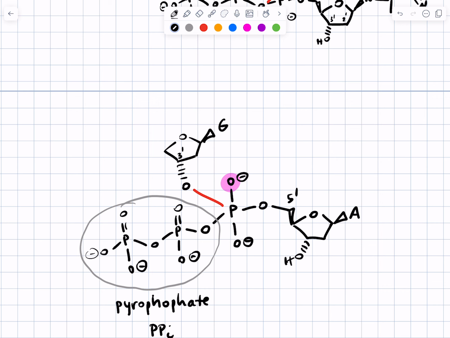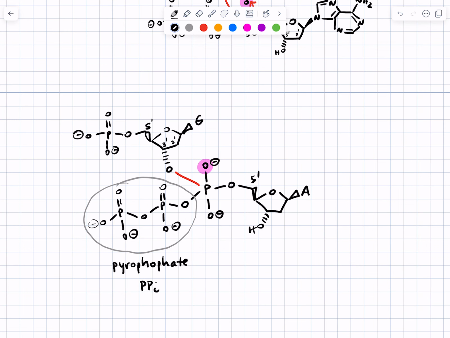There's no oxygen on the 2' hydroxyl. And then on the 5' hydroxyl, we have a single phosphate group. Okay. So take a look at that real briefly and make sure I didn't make any mistakes.